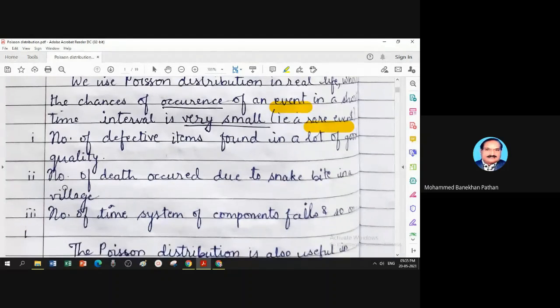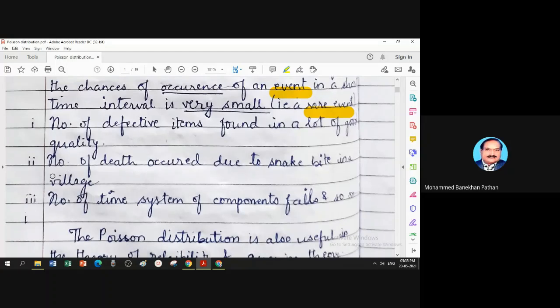Example 2, the number of deaths that occur due to snake bite in a village. Now we are speaking about a village. A village has a huge area. In that village, you are studying death due to snake bite, which is again a rare event.